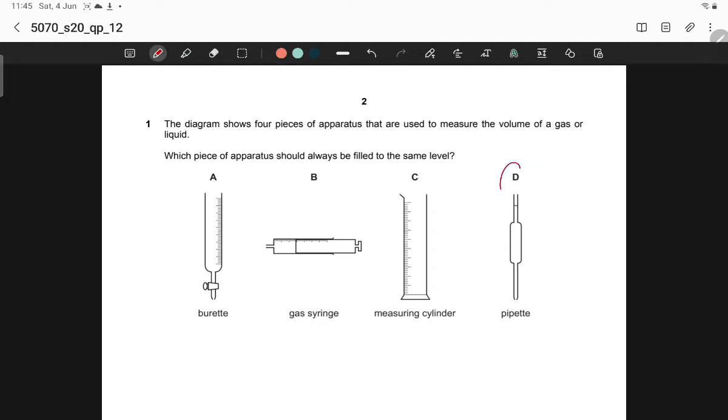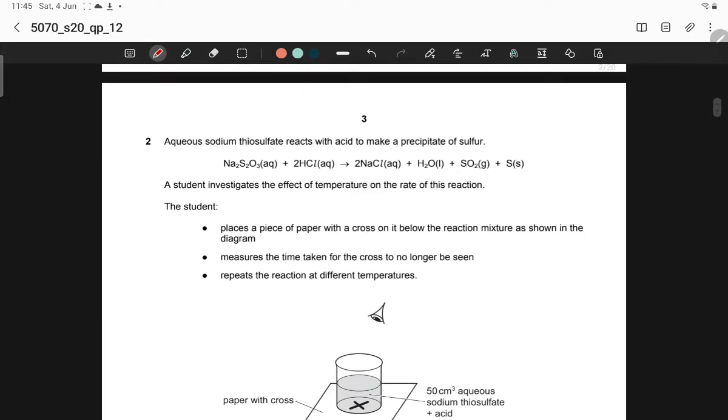So the best option is D, because measuring cylinder, gas syringe and burette are used to measure the volume of the liquid or gas, not at the same level. So pipette is the right answer.